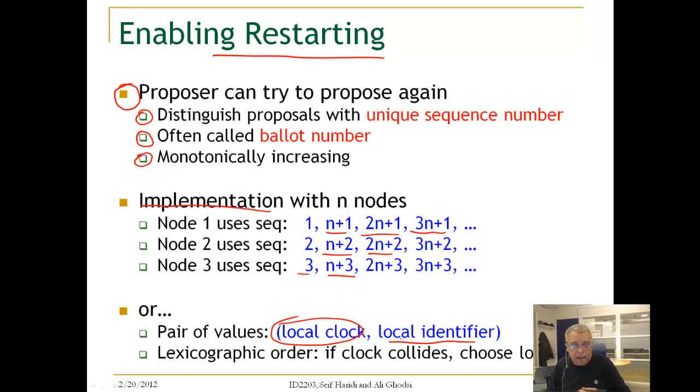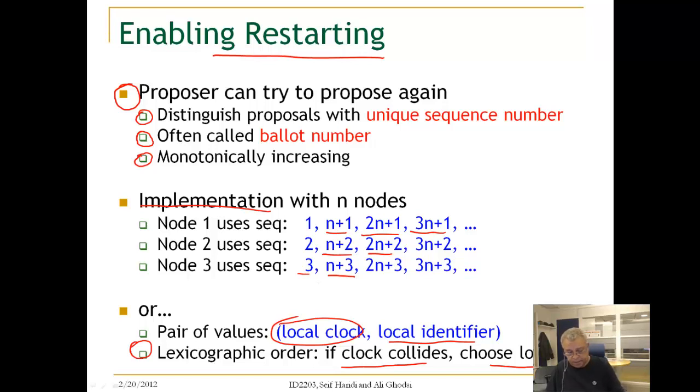This is monotonically increasing, and you can actually do a simple algorithm to loosely synchronize clocks. Of course, we now distinguish between proposals by lexicographic order, so if the clock collides, we choose the lowest ID. So what do we have now? We have a situation where nodes can restart and propose again.